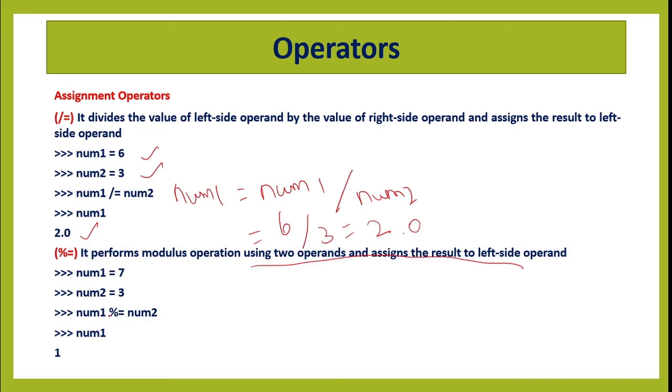Then we are doing the modular shorthand assignment. So num1 %= num2, which means num1 = num1 % num2. num1 value is 7. Then num2 value is 3. Which is the remainder here? The remainder is 1. So 1 is the answer here.